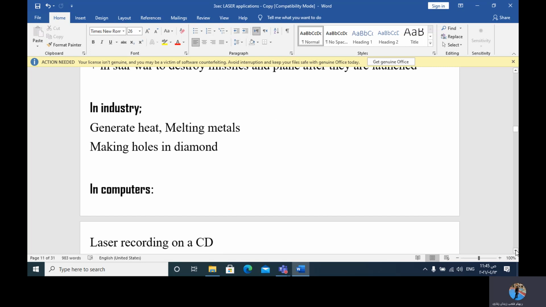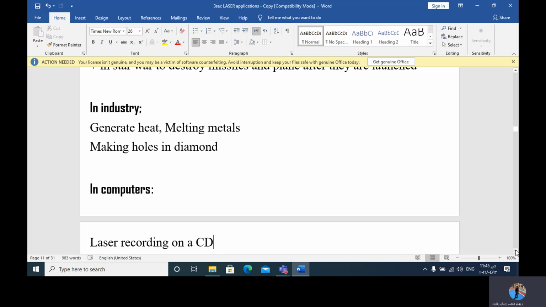In industry, laser also has many applications in engineering because the beam of laser can provide heat. So they can generate heat, and this heat can be very, very immense and very high, that it can reach even melting metals, such as iron. And the good thing about laser is that the heat is not spread over long distances.